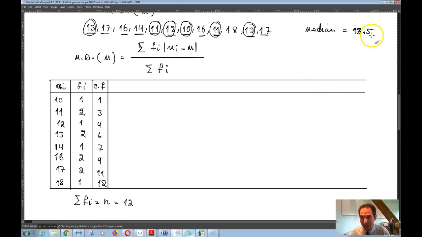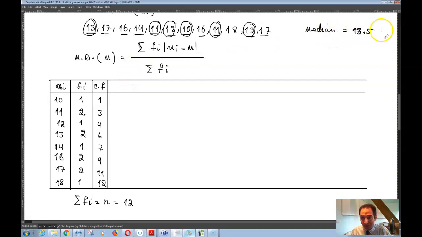That's the meaning of the median. Now you can, of course, then use this idea in order to make sense of different situations depending on where your data comes from.